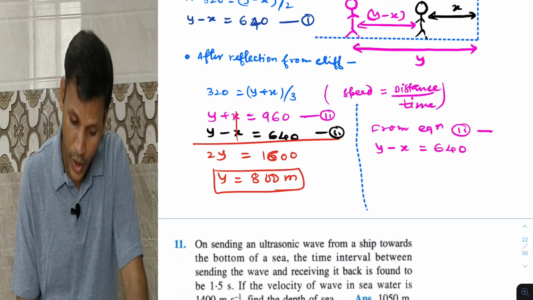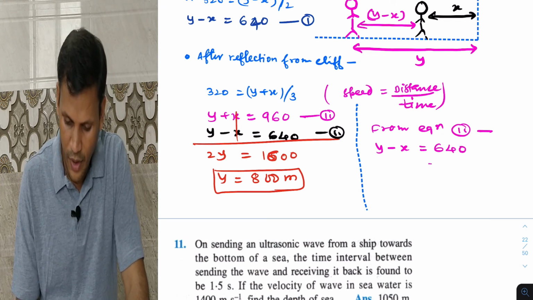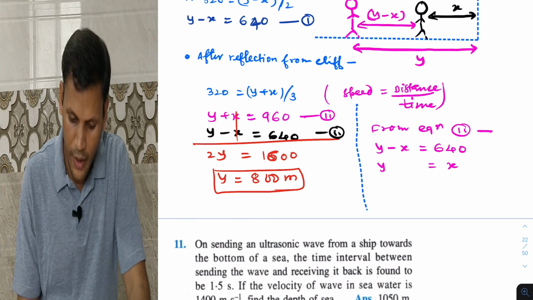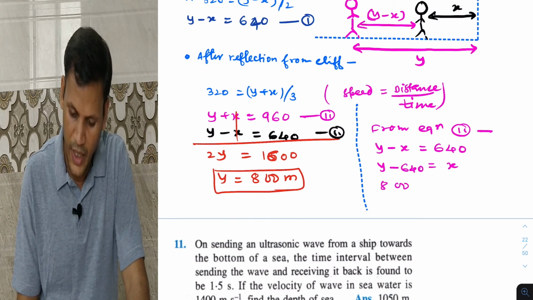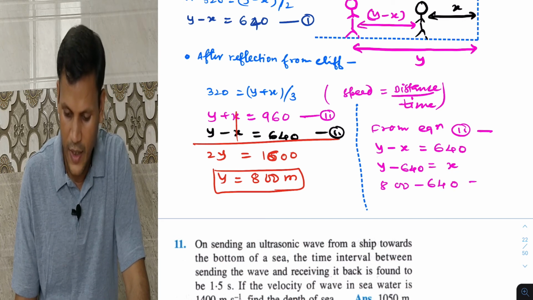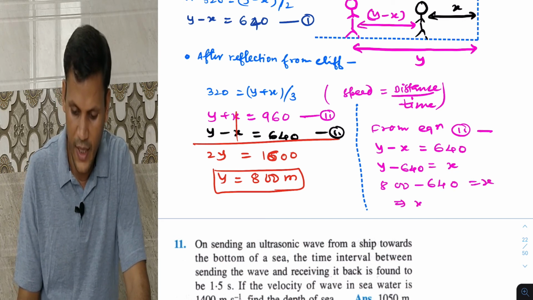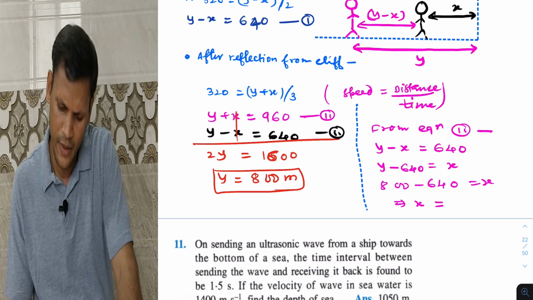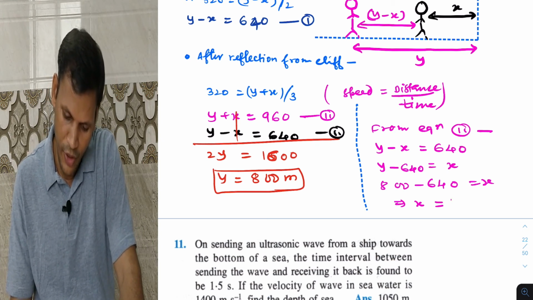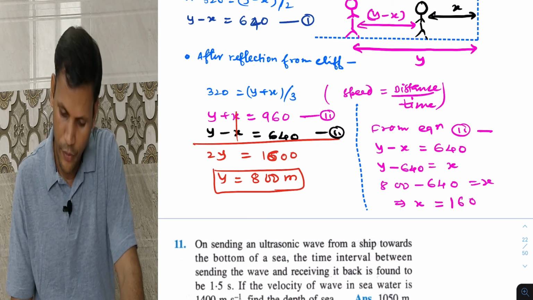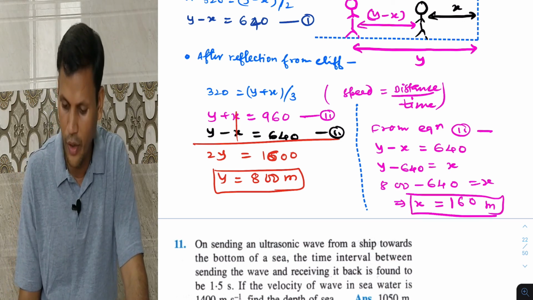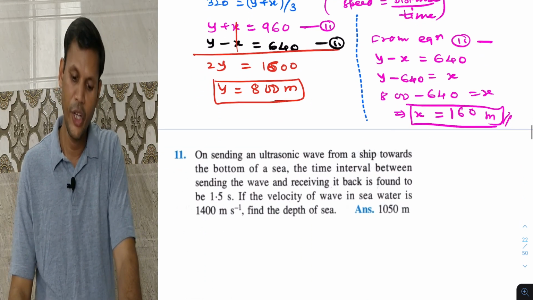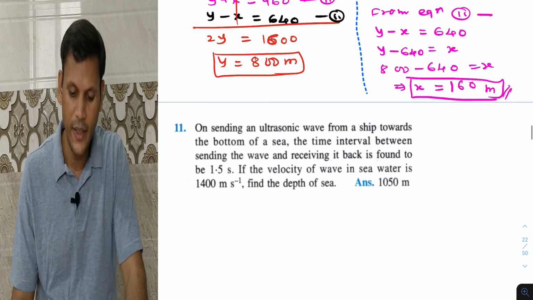So x is to be found out. So x will be y minus 640. So y is 800 minus 640, that is x. So it implies that x will be 160 meter. So we get the value of x and y which was to be calculated.